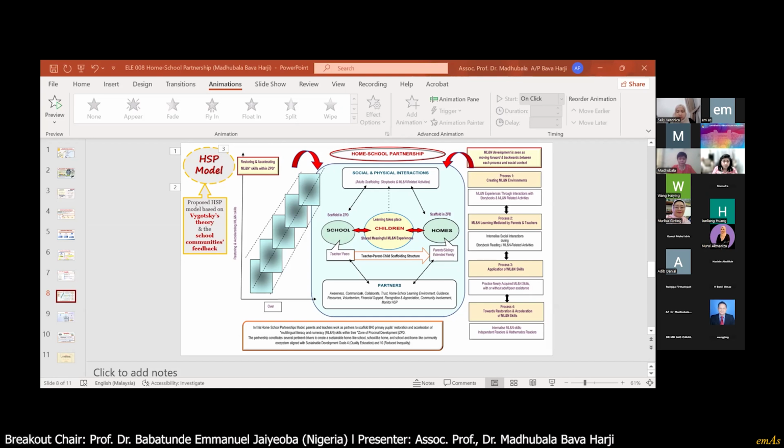Okay, you remember that your study focuses on pupils' literacy and numeracy skills. Yes.